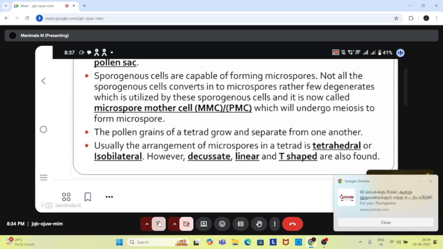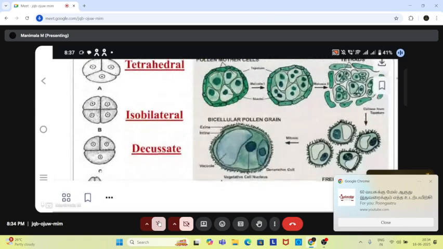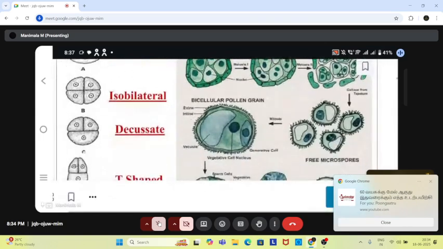Then when the anther matures, it dehydrates. The microspores dissociate from each other and develop into pollen grains inside the microsporangium. Nearly thousands of microspores will be formed. These are the microspores.